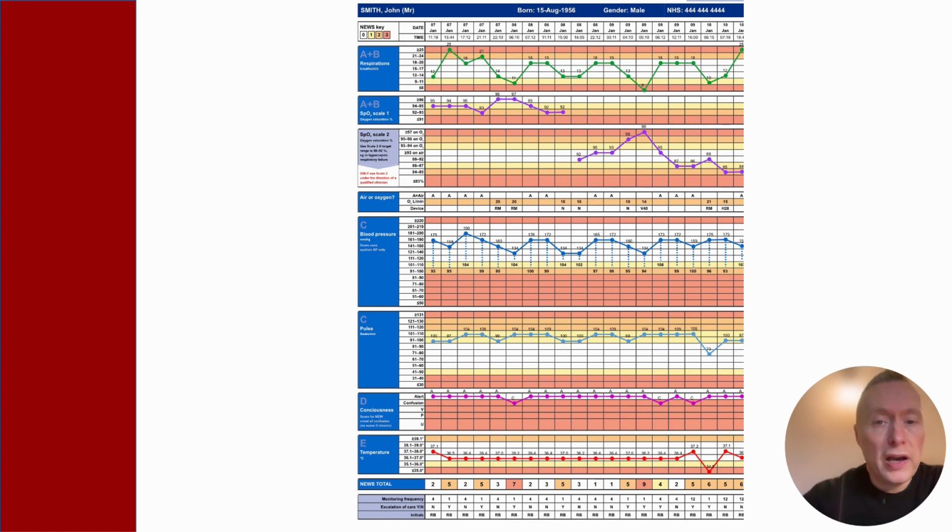On your screen now is a NEWS observation chart and scoring chart which demonstrates how it is used in clinical practice.